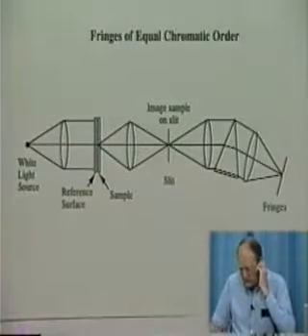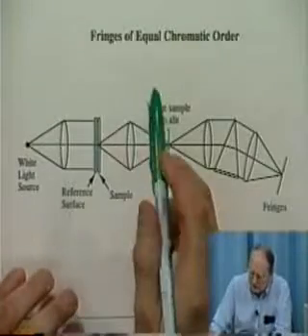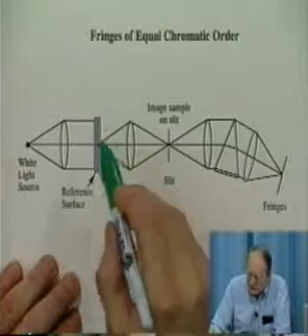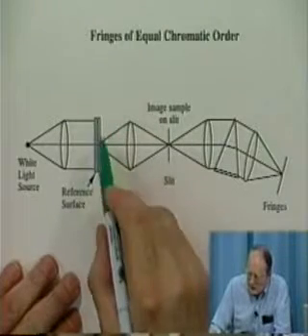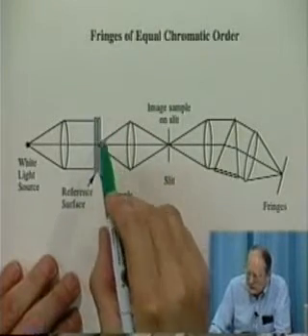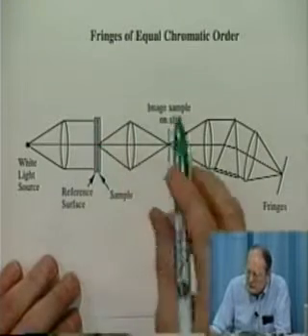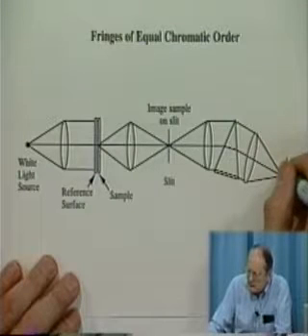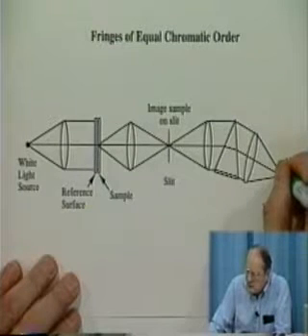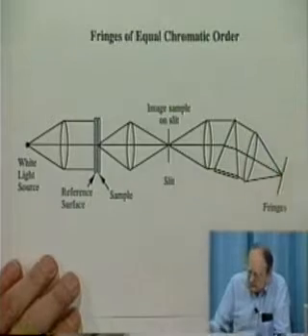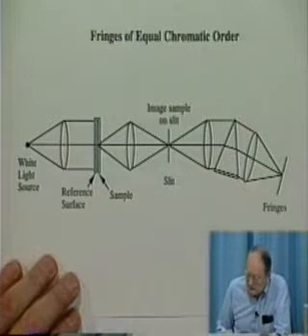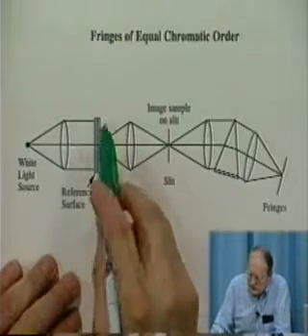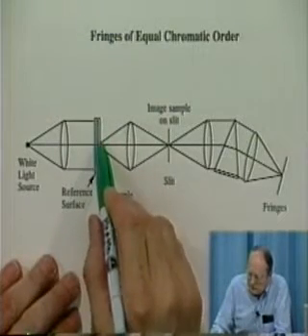Now let's think for a second before we begin writing down some equations. I said high reflectivity here, high finesse. And so some wavelengths are going to be transmitted and some wavelengths are not going to be transmitted. So I will get an image of a slit over here for the wavelengths that are transmitted, and I will not get an image for wavelengths that are not transmitted. And whether a wavelength is transmitted or not depends upon the separation between the plates.